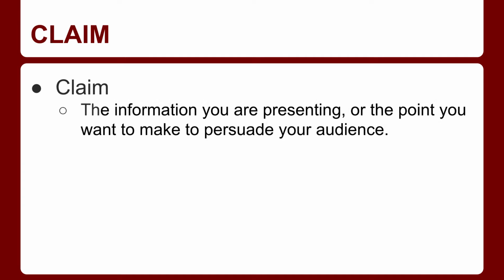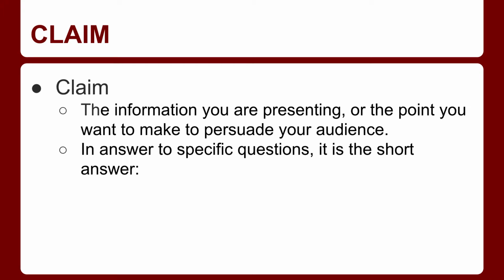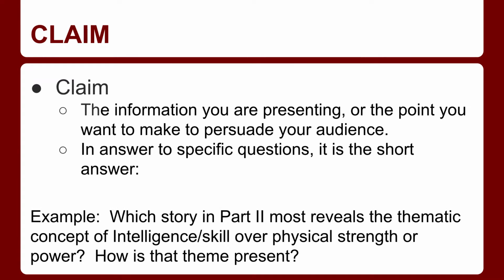Let's review those. So our claim, remember, is the information that you're presenting, the point you want to persuade your audience. Basically, it is the simple answer to whatever the prompt question is. The prompt question you're going to be writing about is basically this: Which story in part 2 most reveals the thematic concept of intelligence and skill winning out over physical strength or power?